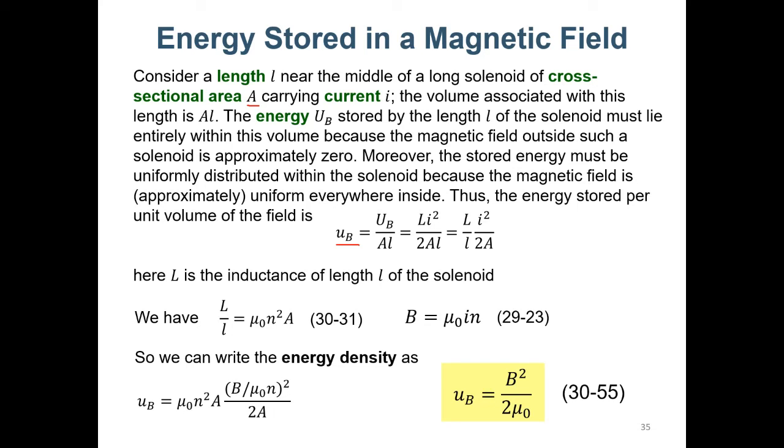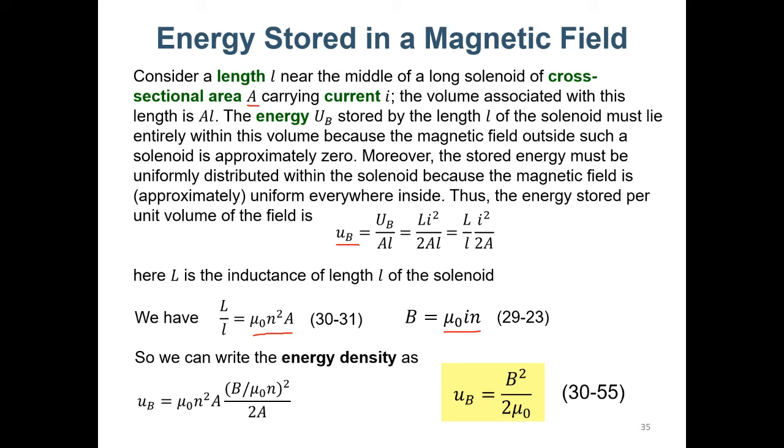And previously, we know that capital L over l is this one, and the magnetic field in a solenoid is this one from the previous chapter. So we substitute these two into here. This one replaces the first term, and then i should be B over mu naught n.